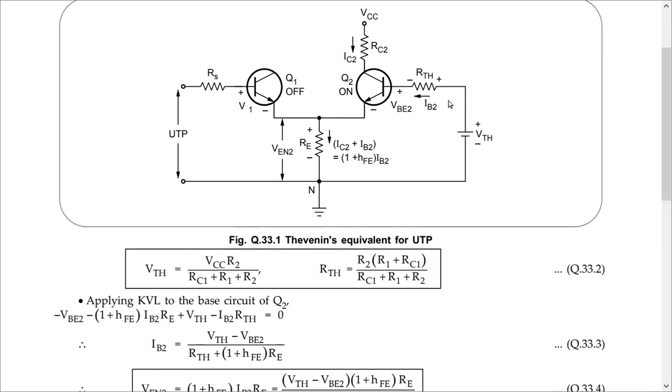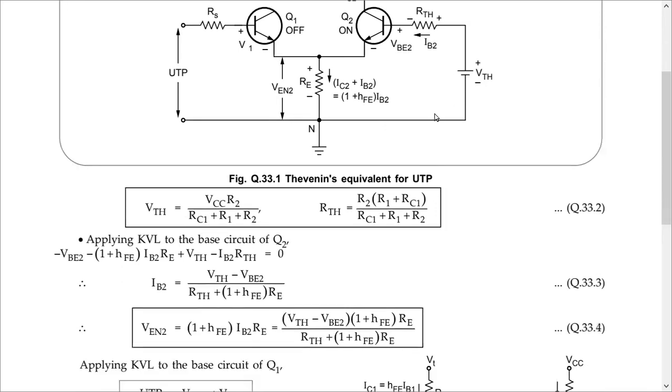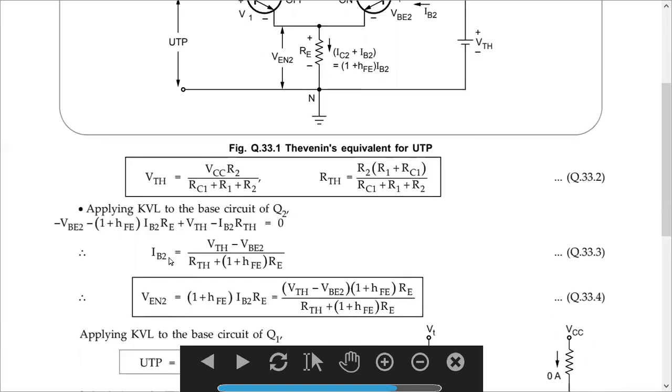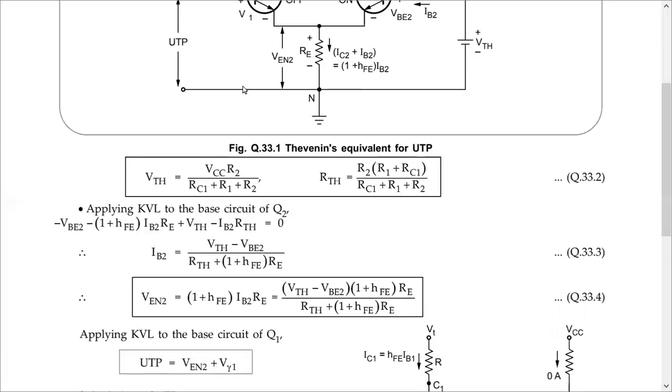Here we got the expression for IB2. Here VEN2 is simply (1 plus HFE) into IB2 times RE. So the IB2 we bring and put it here, and we get this expression.